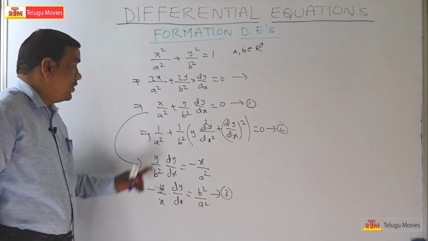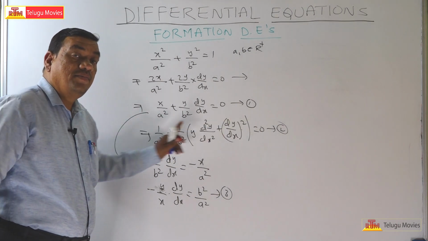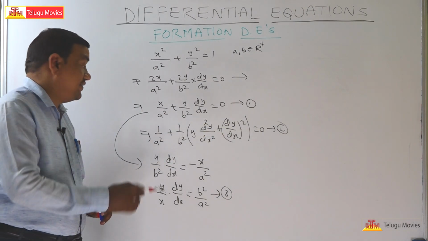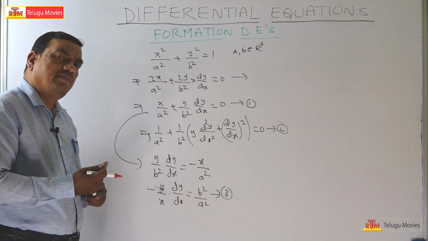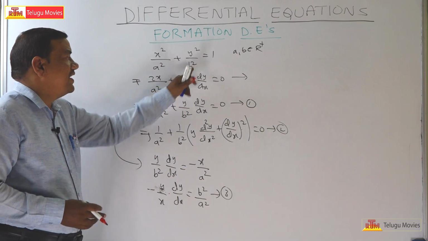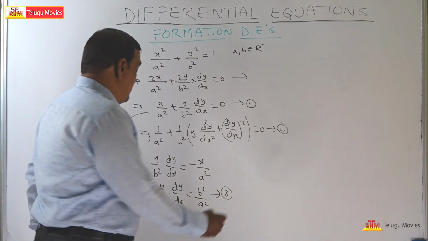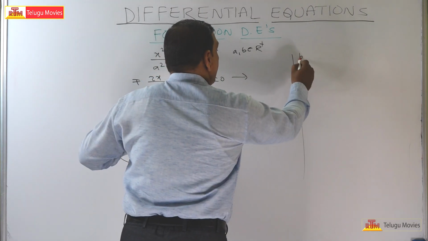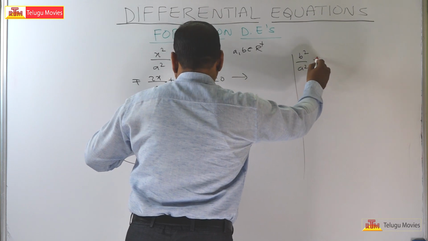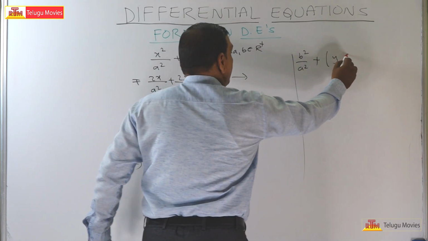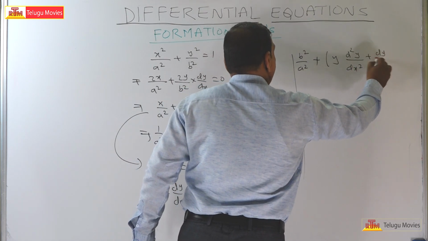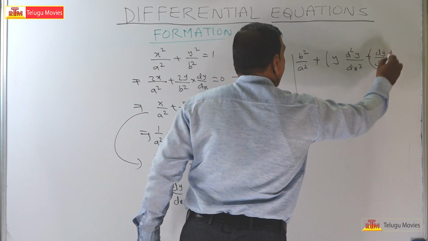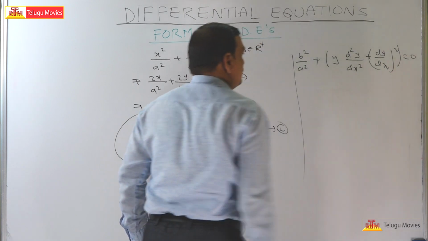So, here what I am going to do is, you multiply with b square on either side. So, you can multiply, no problem. Why? Because b cannot be equal to 0. So, you multiply, what happens? This is b square by a square plus y into d square y by dx square plus dy by dx whole square is equal to 0.